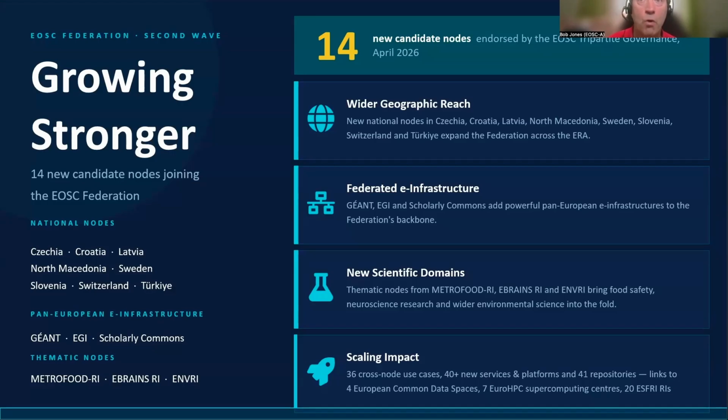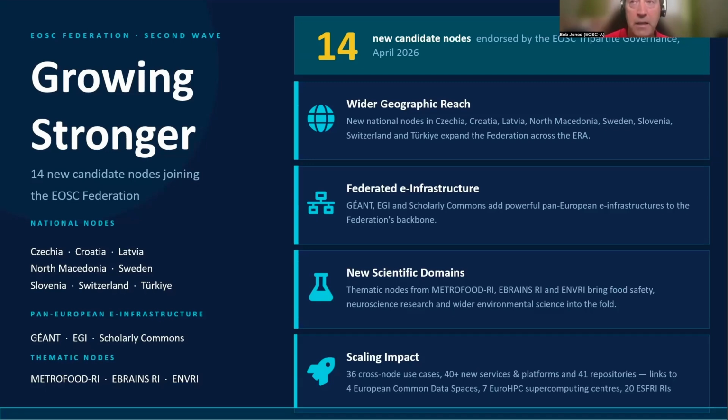We have more national nodes, covering more countries, including Czechia, Croatia, Latvia, North Macedonia, Sweden, Slovenia, Switzerland, and Turkey. We're also bringing on board more e-infrastructure nodes, adding capacity from existing pan-European e-infrastructures, notably GEANT and the NRENs, EGI, and Scholarly Commons, where OpenAIRE is involved as well.